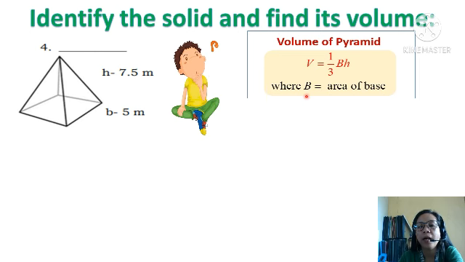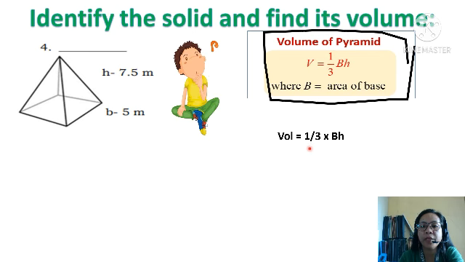So, ganito yun. The volume of a pyramid is 1/3 times base times height, where B is equals length times width. Kapag square, pwede mong sabihin length times width, L times W. Or you can also write side times side, S times S. Okay?